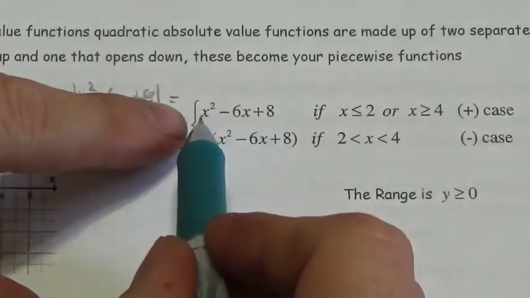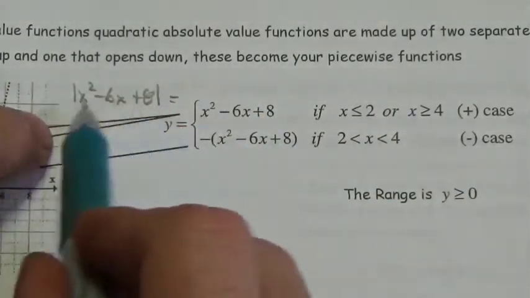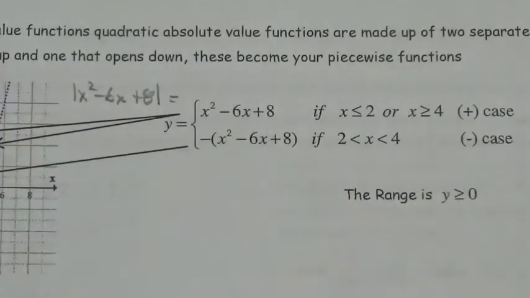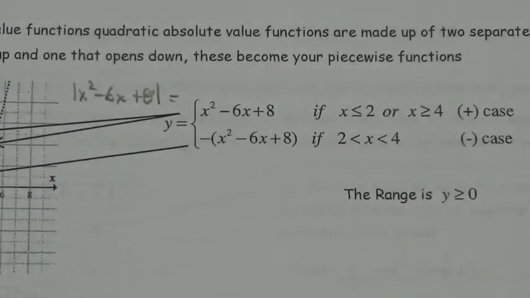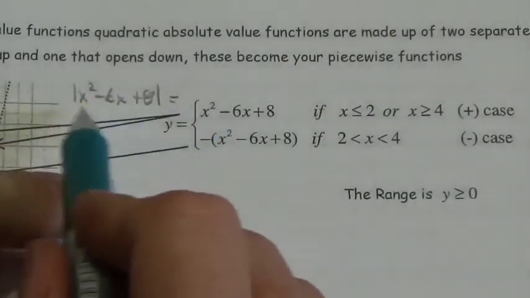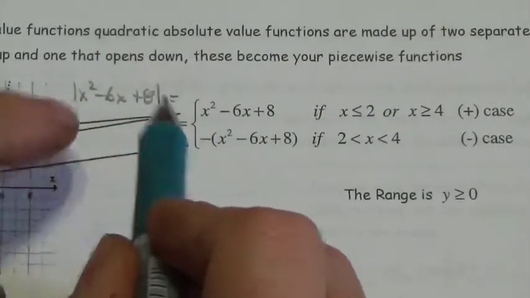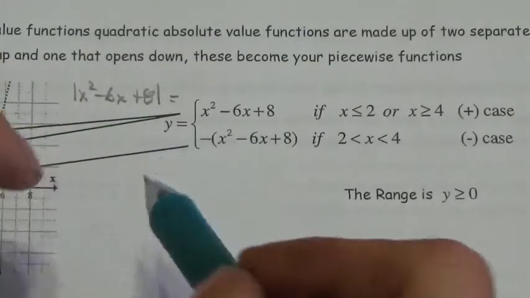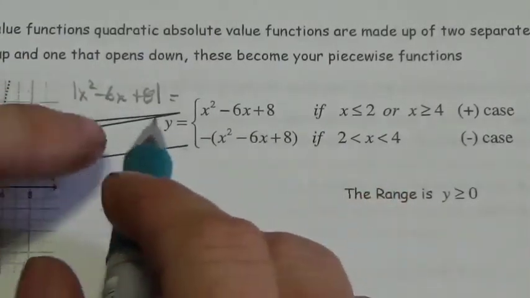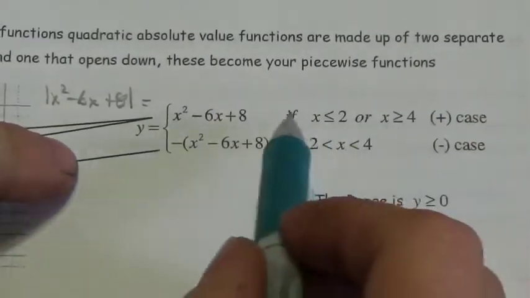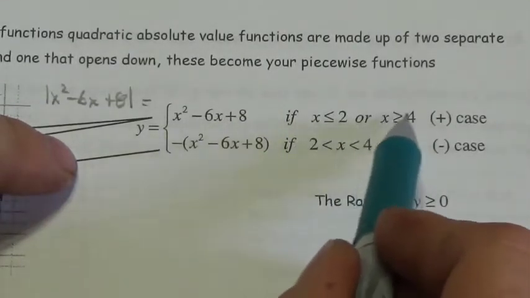Now it's going to equal x squared minus 6x plus 8, which is identical. Now think back to the rule that governs the way we treat absolute value functions. It's only identical if this middle part, inside here, is positive, and by that I mean above the x-axis. That occurred where x was less than 2 or x is greater than 4.